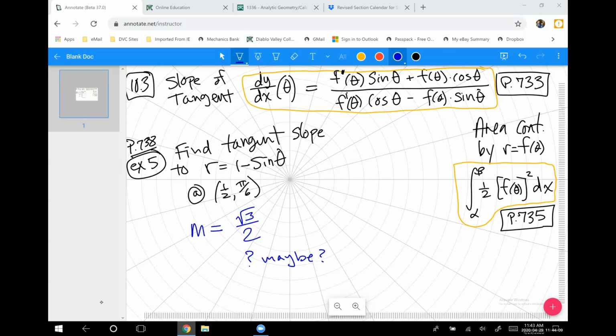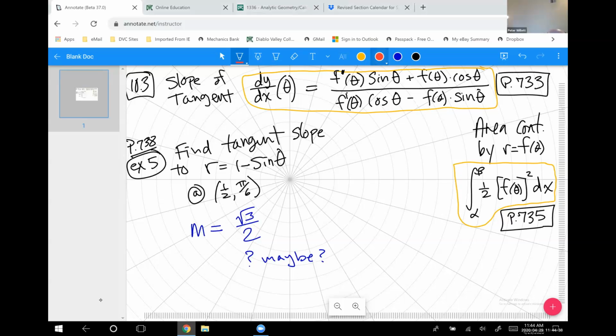How exactly do we involve the point at 1/2 and pi over 6? Well, since that's the point of tangency, that's the theta value you use in the derivative formula. So really the only thing you need from that point is the theta value, which is pi over 6. Now, of course, you also know that when you plug pi over 6 into the function, you get 1/2, since that's the r value of the point of tangency.